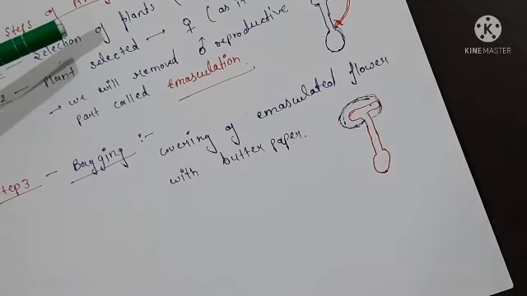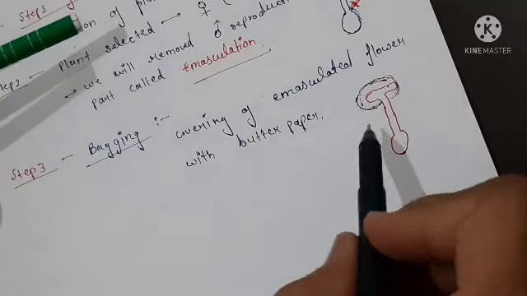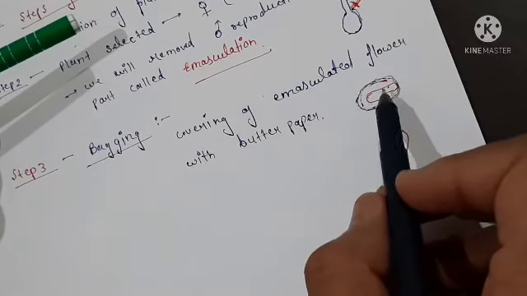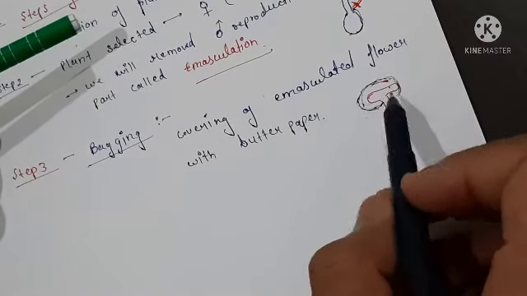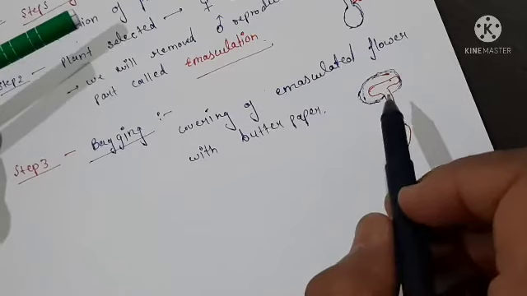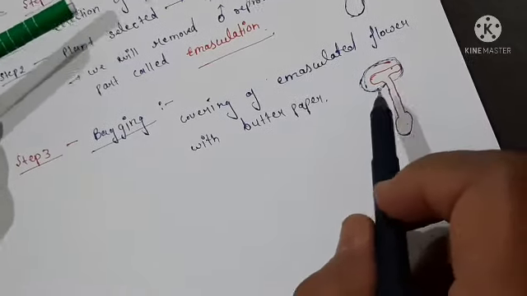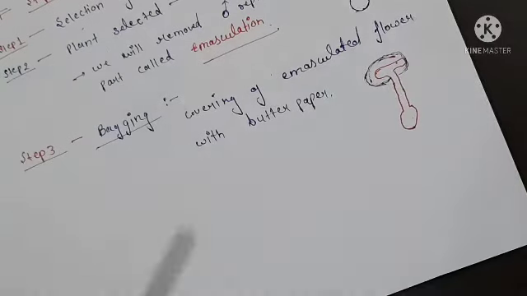So we have to dust the required pollen grain. That's why we do bagging, to avoid the entry of any foreign pollen grain.